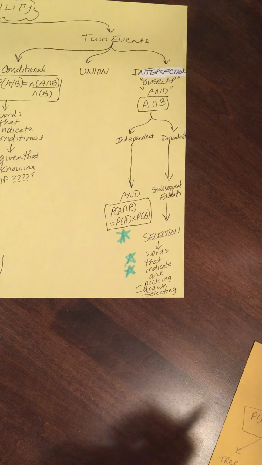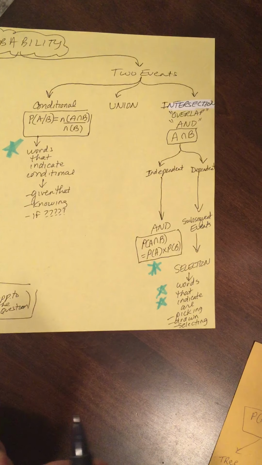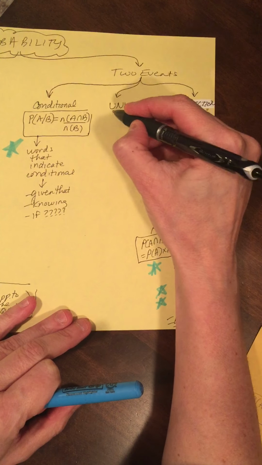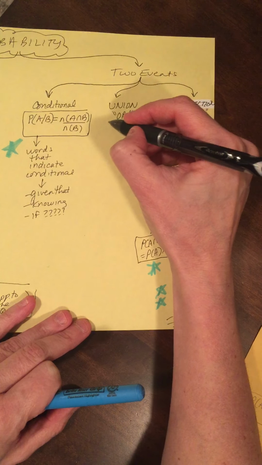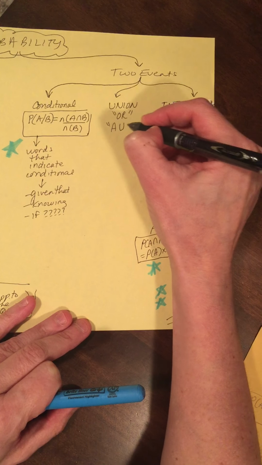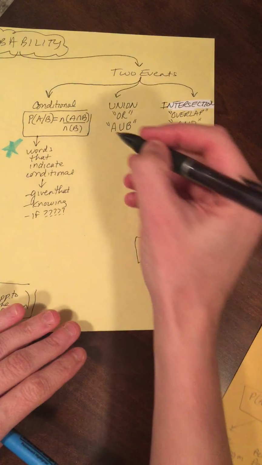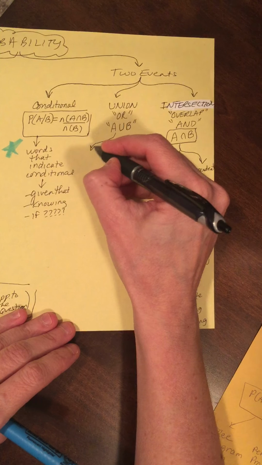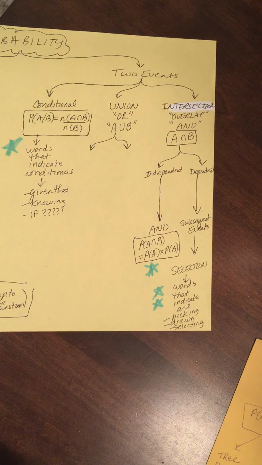Now, the last 2 event idea is the idea of the union. We know it as the OR. We know it as the symbol of A, U, B. And there are 2 branches that flow from the OR.